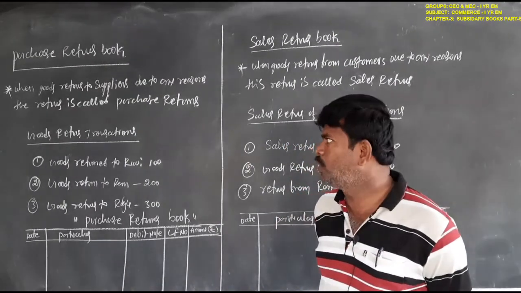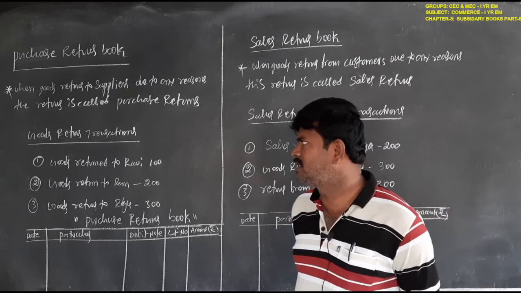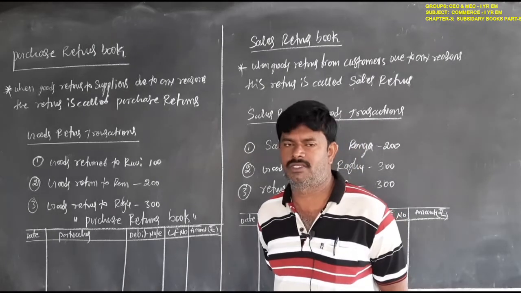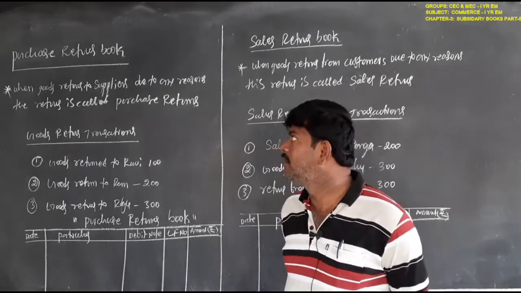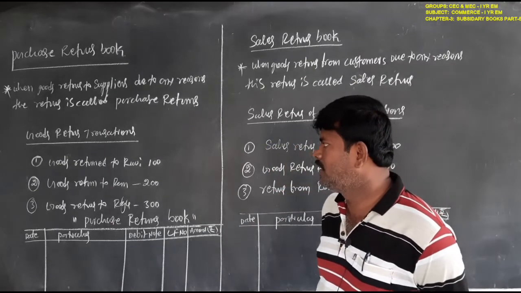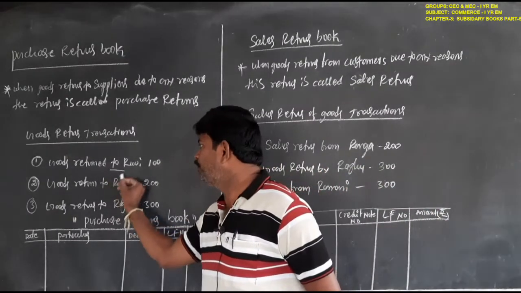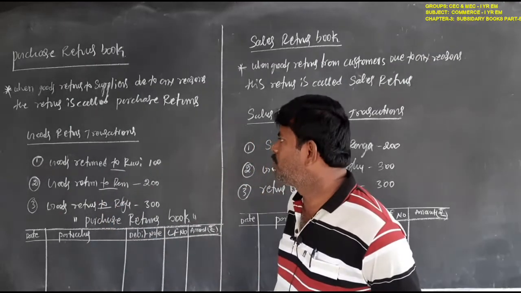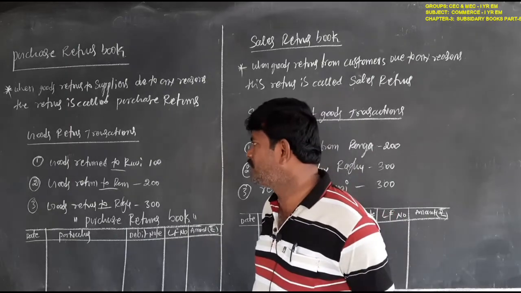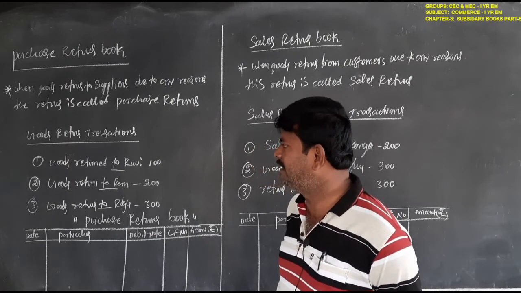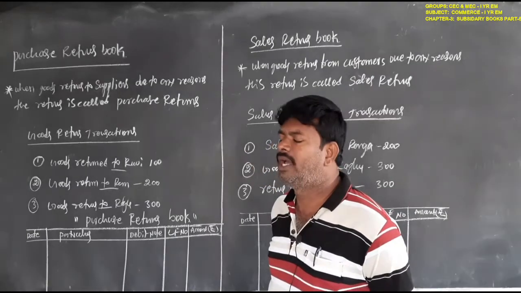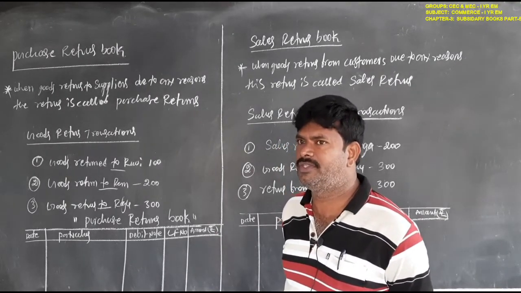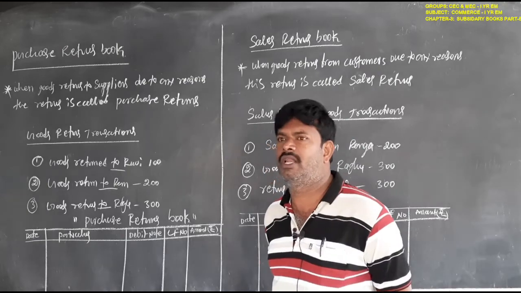And how do we identify the transactions in the purchase returns book? In every such transaction there is the word "return to", compulsorily.